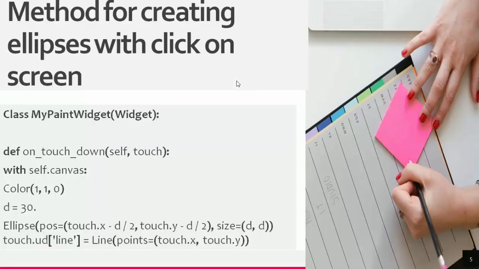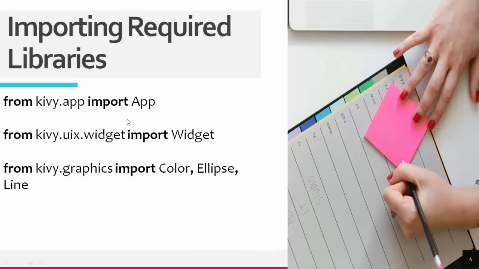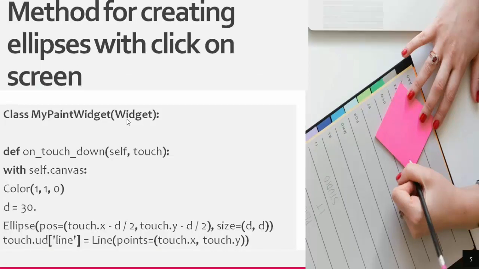Now let's look at the method for creating ellipses with a click on screen. The first thing is we'll create a class in which we'll pass the Widget which we have imported from kivy.uix.widget. Followed by that, we'll create a method and provide the self keyword along with touch.